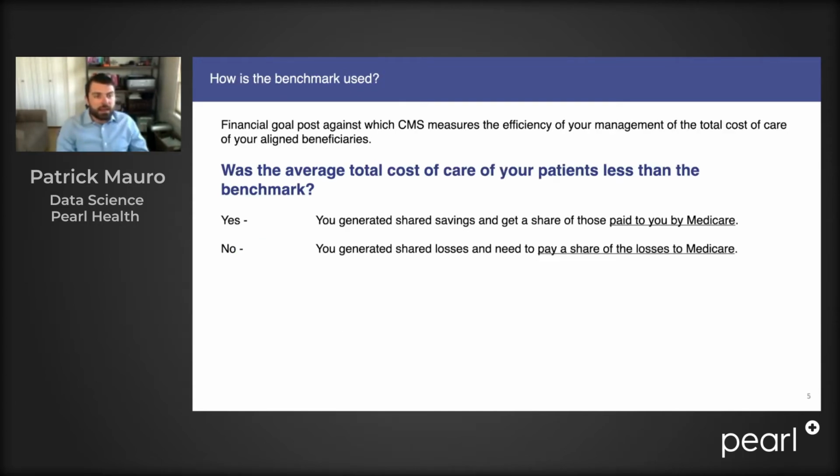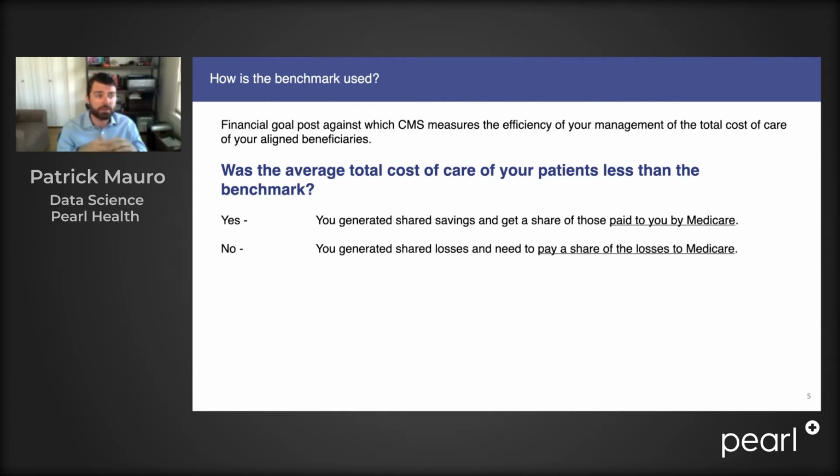So how is the benchmark used? It's primarily used to calculate shared savings payments. CMS needs a measure of the efficiency with which your patients are receiving care. They're looking at the total cost of care for your patients from their perspective.